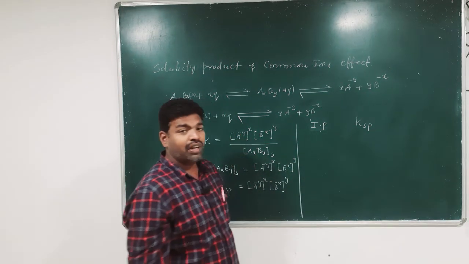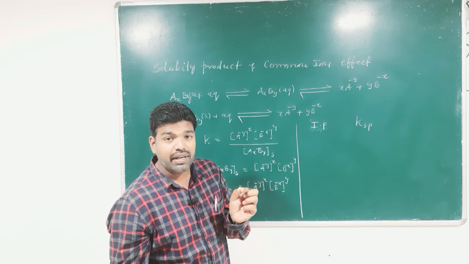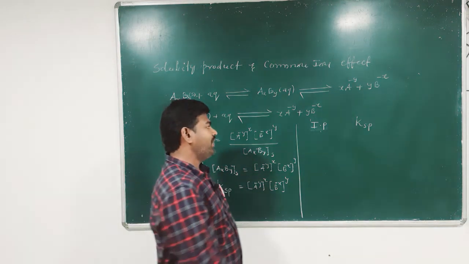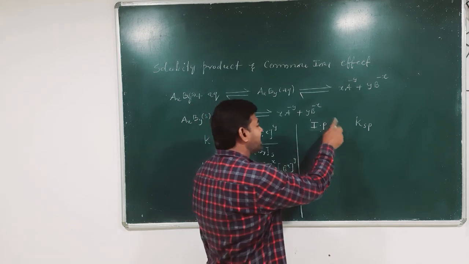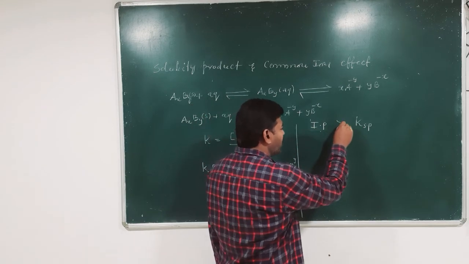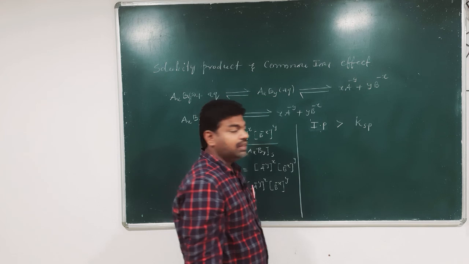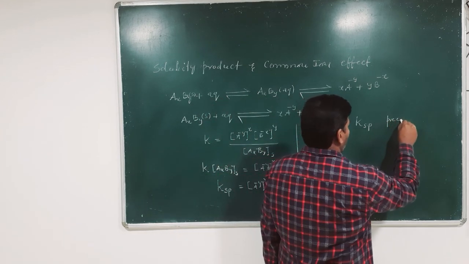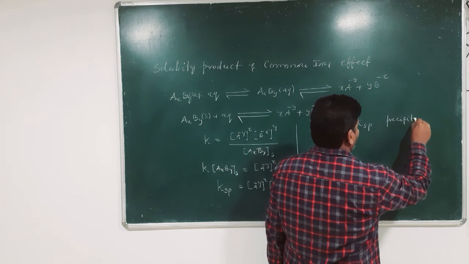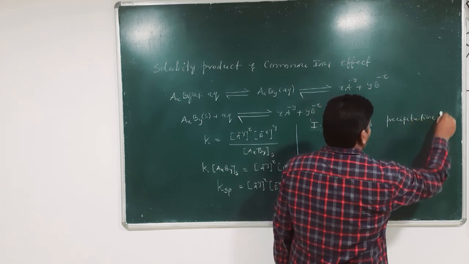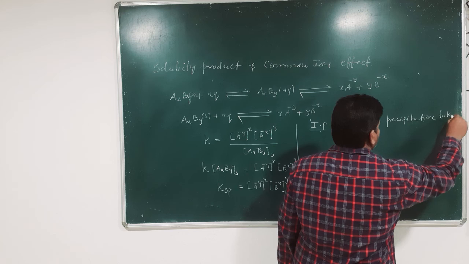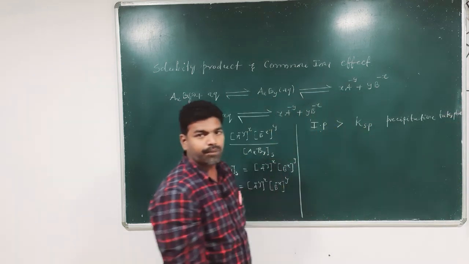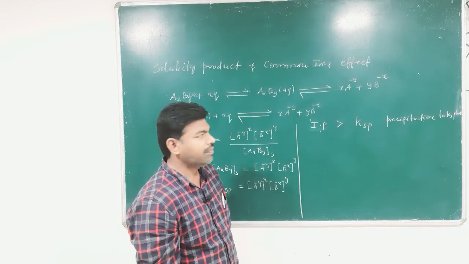But one most important point is that when ionic product is greater than solubility product, precipitation takes place, right?